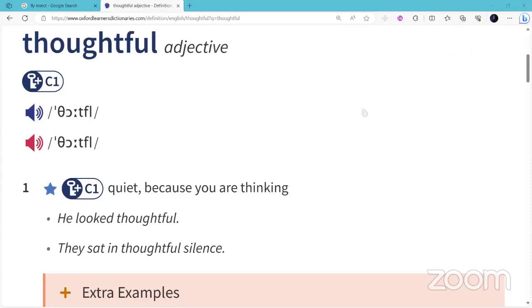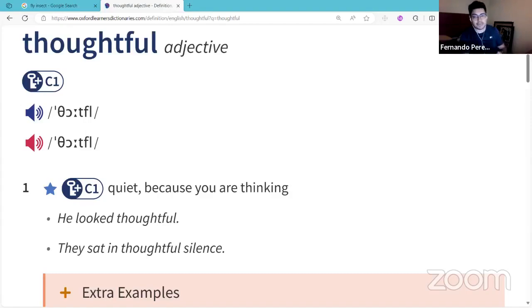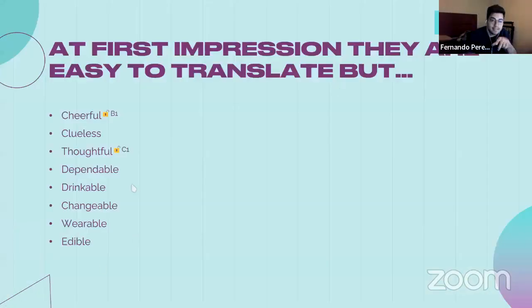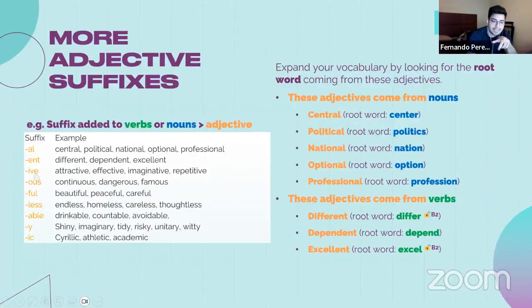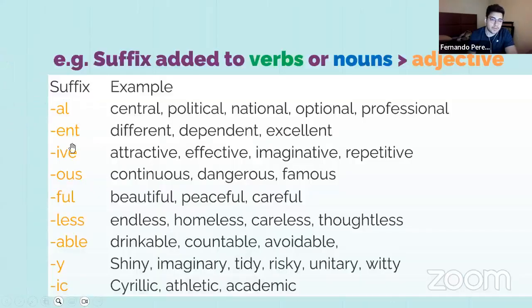Pensativo. Exactly. That's very interesting, because when you see that in English we have the ending "ive," we may think pensativo in English is pensative. And that is a mistake, a very common mistake in the exam. We assume that because the word "if" exists, we are going to have words like attractive, similar to Spanish, effective, similar to Spanish, imaginative, similar to Spanish.